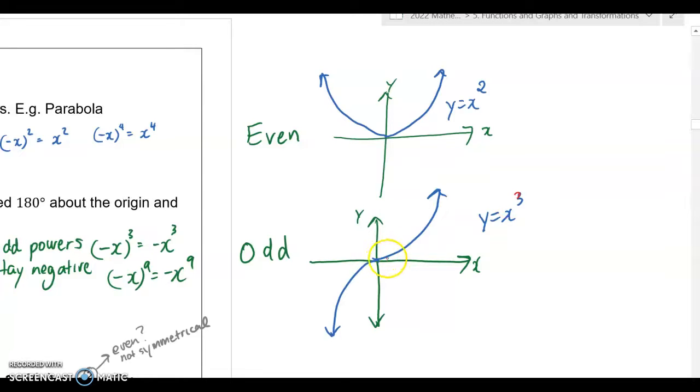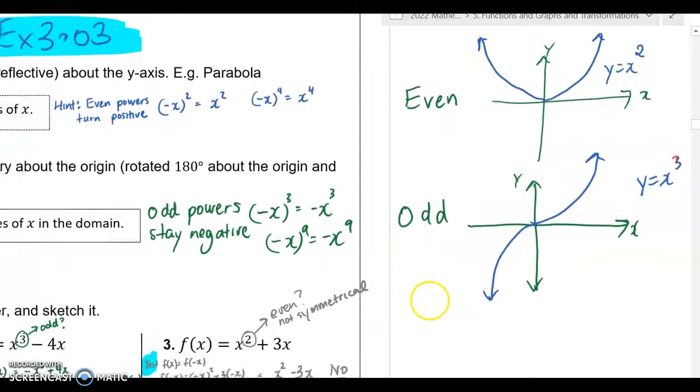If I have a look at this right-hand side of my cubic, where x and y are greater than 0, and I rotate that through 180 degrees, so I bring that around here and down to here, I get that same part of the graph again. So that's an example of an odd function. It's rotated through 180 degrees, or it's basically reflected through the y and then reflected through the x again, and that gives us two lots of 90 reflections, and that's an odd function.